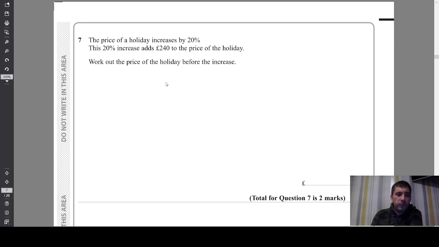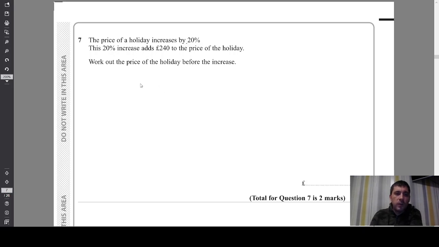Working with percentages, there are plenty of different ways to work it out. What I would suggest, sometimes when working without a calculator, with numbers like 20%, 25%, 50%, is to try to draw a diagram or bar chart.